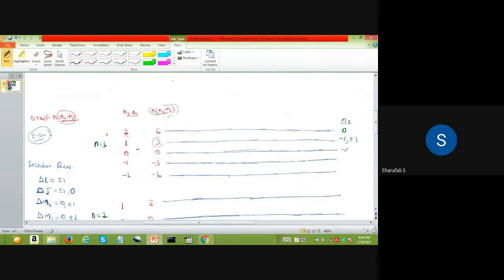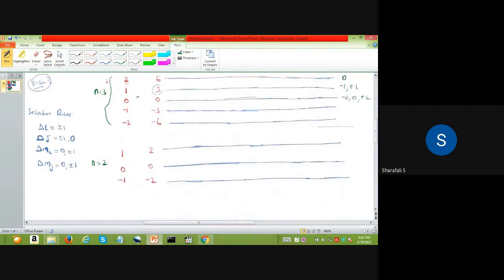Similarly, you fill all those values: minus 2, 0, plus 2 possible for n into n2 minus n1 equal to 0 for the n equal to 3 levels. So these are for n equal to 3 levels.